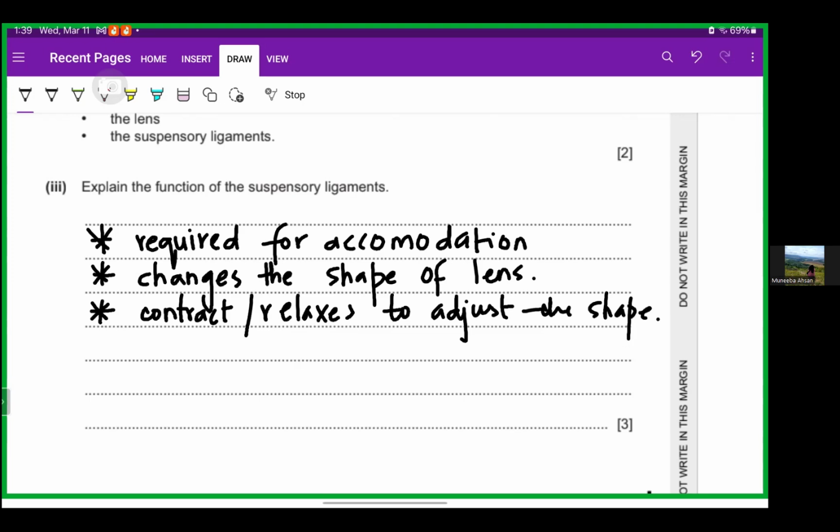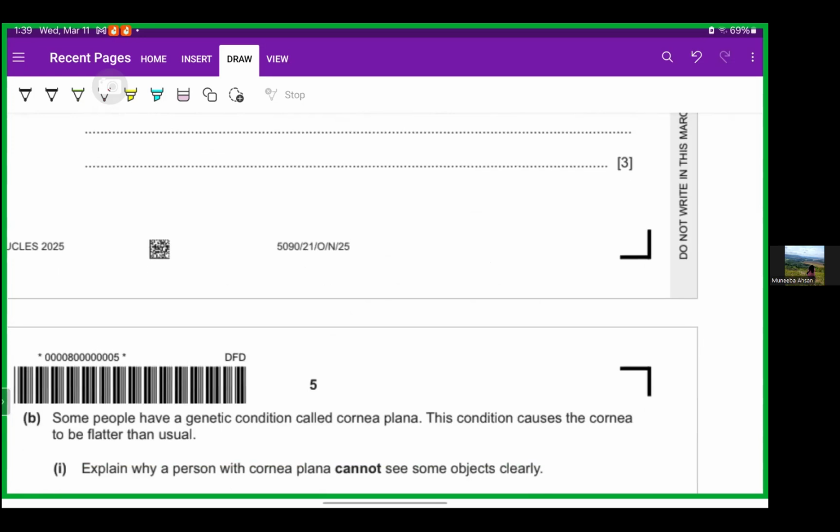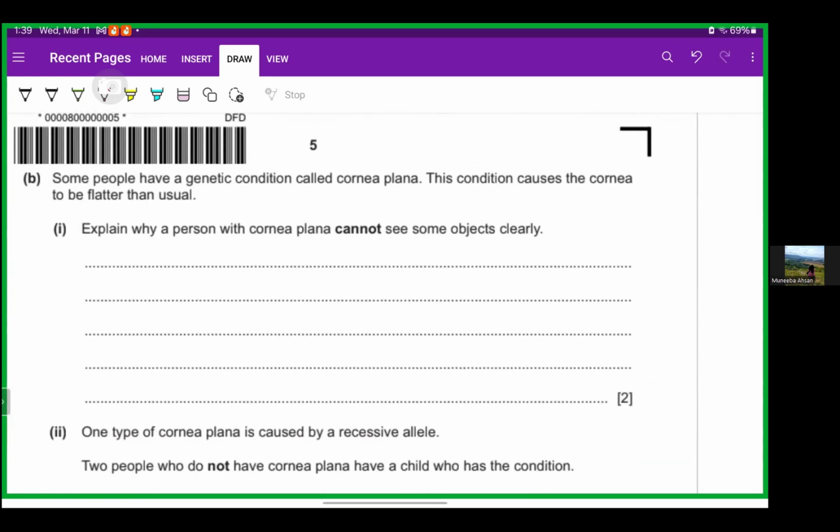Okay, now moving on to the next part. It says that some people have a genetic condition called cornea plana. This condition causes the cornea to be flatter than usual. Explain why the person with cornea plana cannot see the objects clearly.